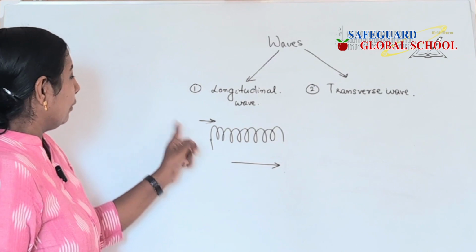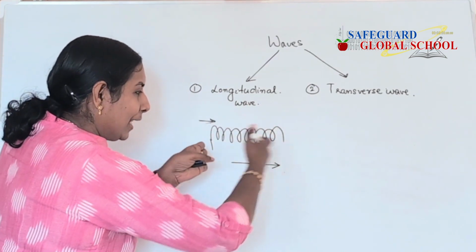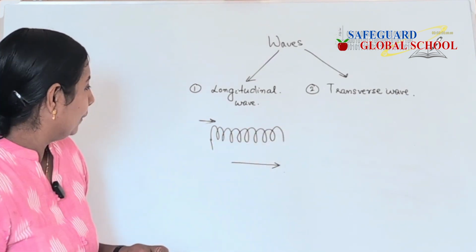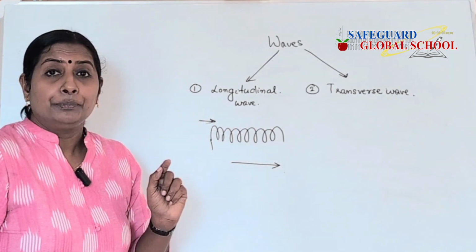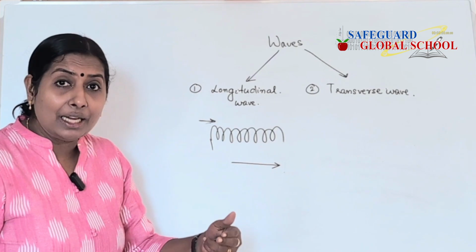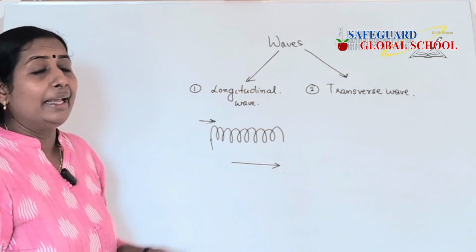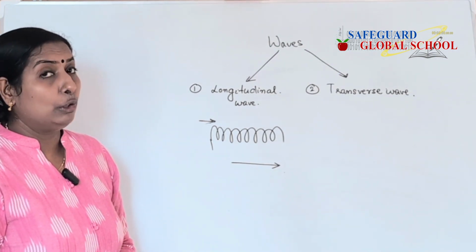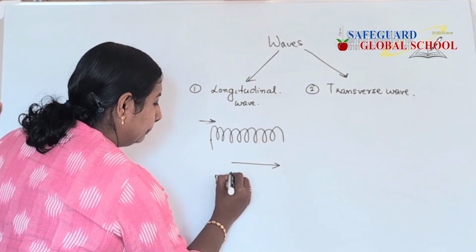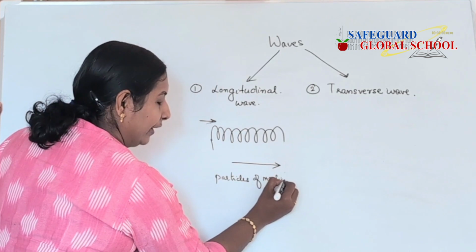So, the vibrations or the slinky movement is happening parallel to the direction of propagation of the wave through the slinky. So, if in a medium, the particles of the medium vibrate parallel to the direction of propagation of the wave, it is called a longitudinal wave. So, how will you categorize a longitudinal wave? The particles of the medium will vibrate when a wave travels, right?